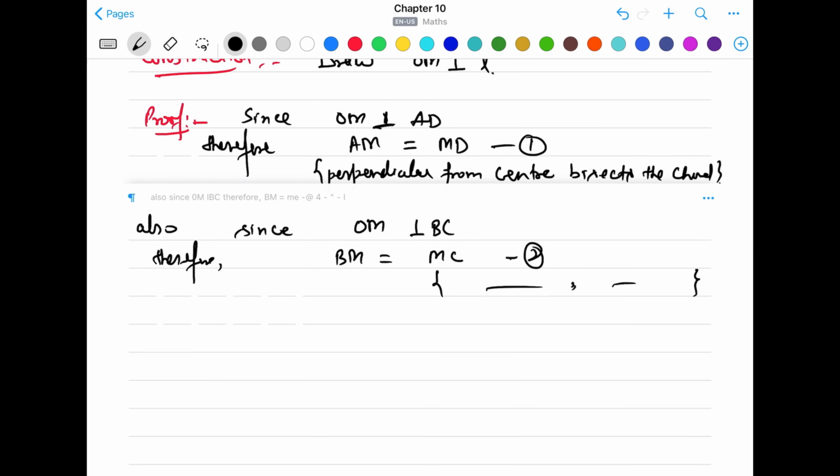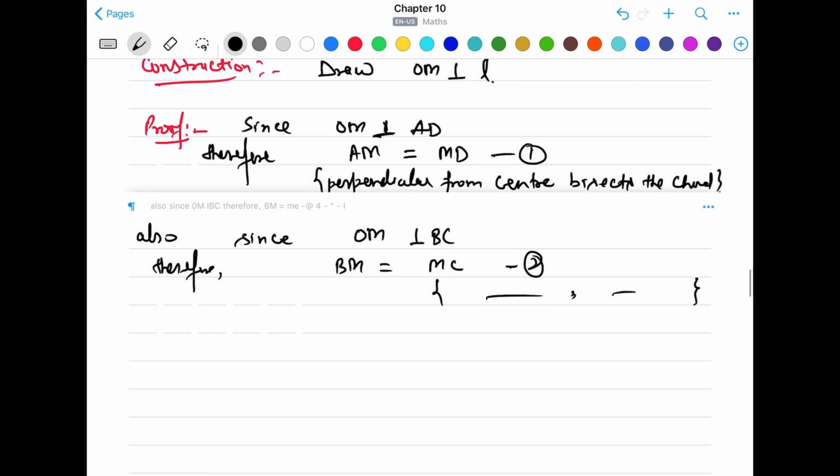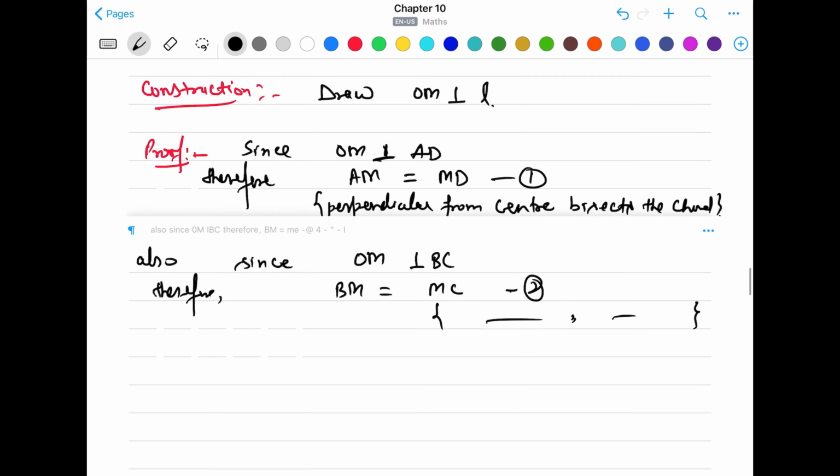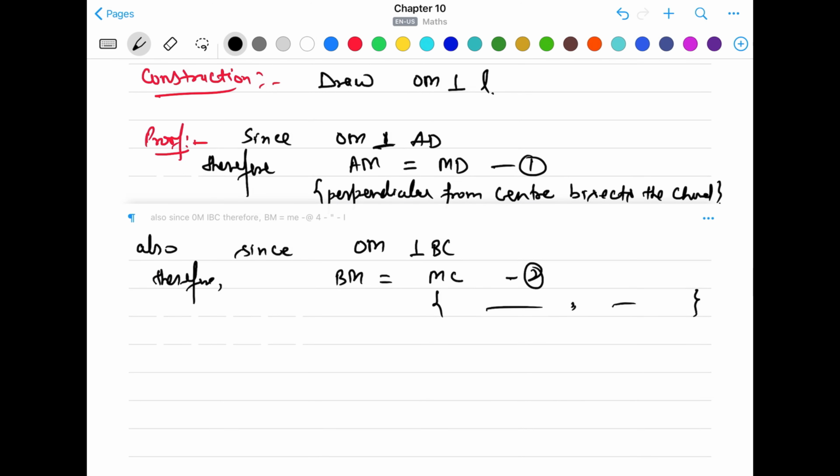So from the two equations, what we got is that AM is equal to MD and BM is equal to MC. Okay, so let's subtract equation number 2 from equation number 1.